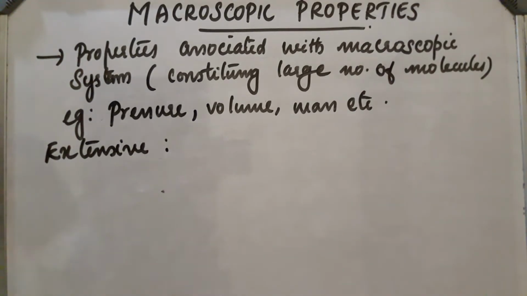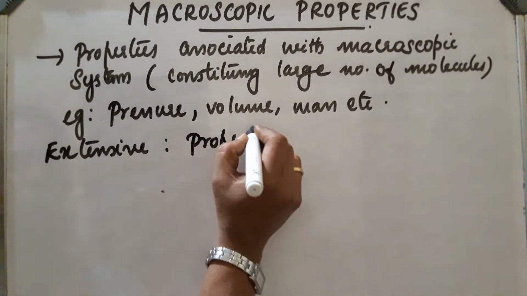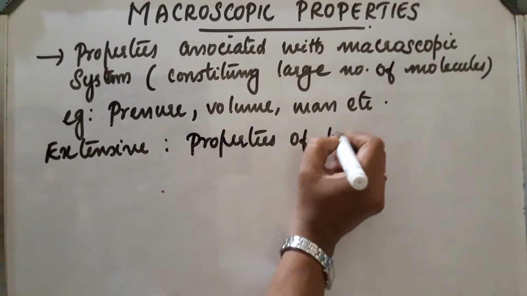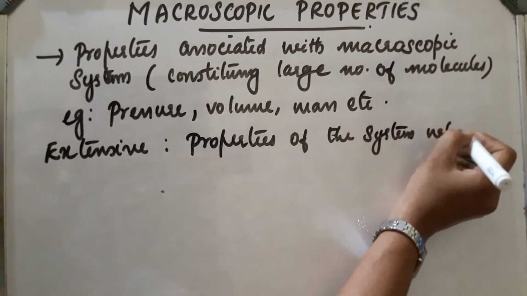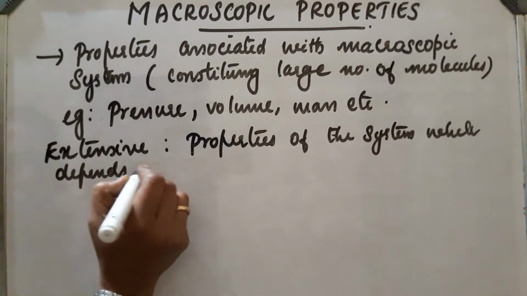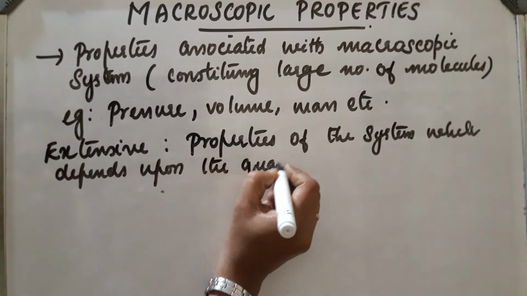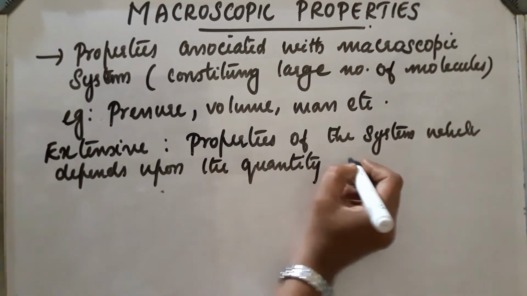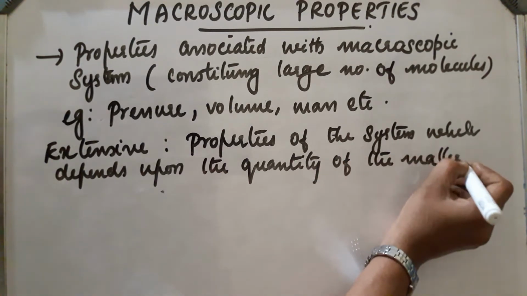Properties of the system which depend upon the quantity of matter contained in the system are called extensive properties.